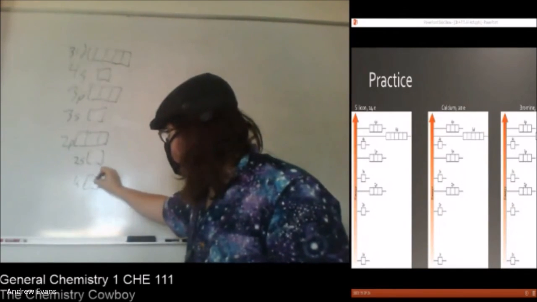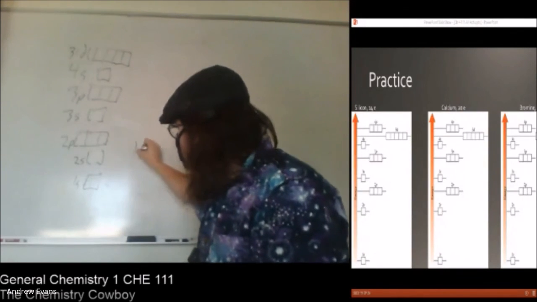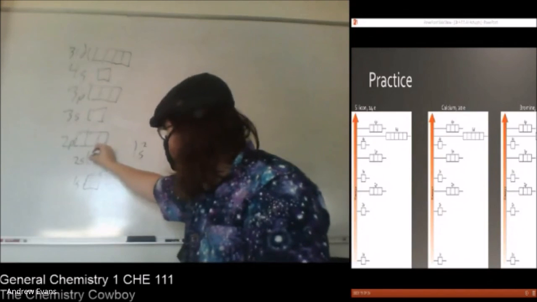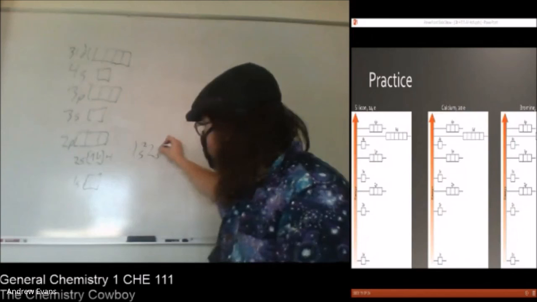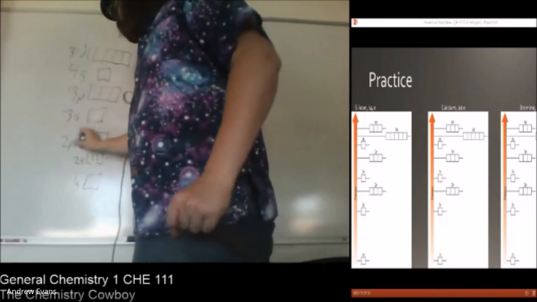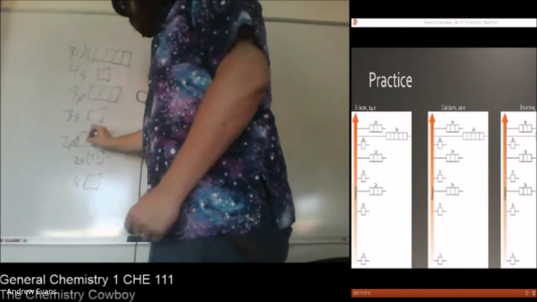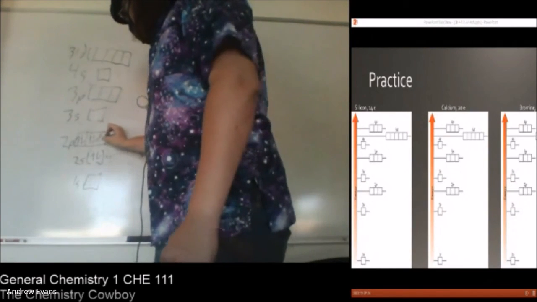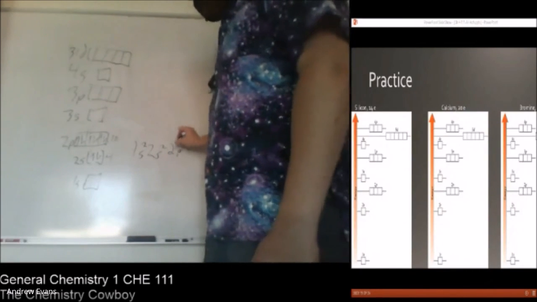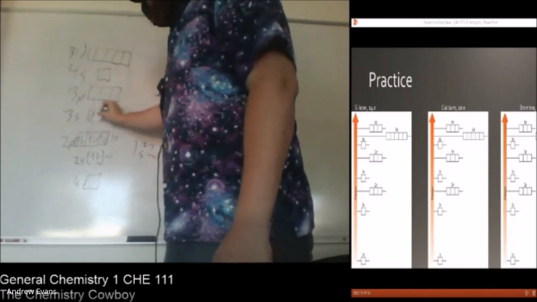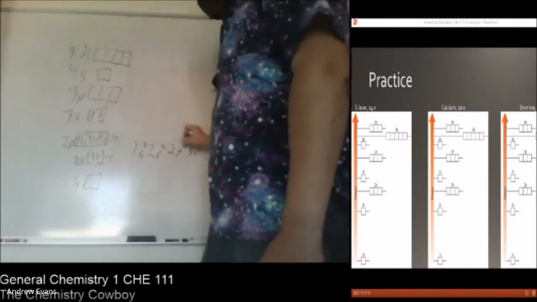But silicon, ground up. 1s2, that's 2 electrons. 2s2, that's 4 electrons. Like nitrogen, 5, 6, 7, 8, 9, 10 electrons. So 2p6, 3s2, that is 12.